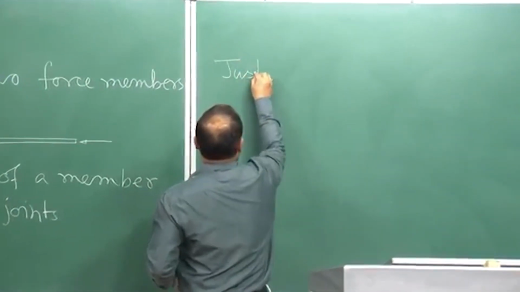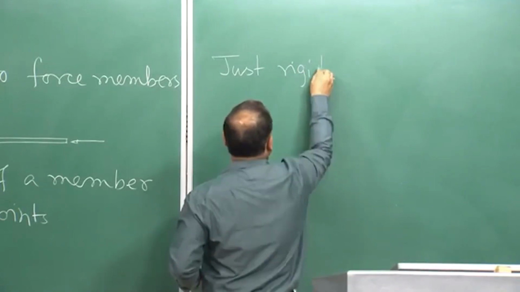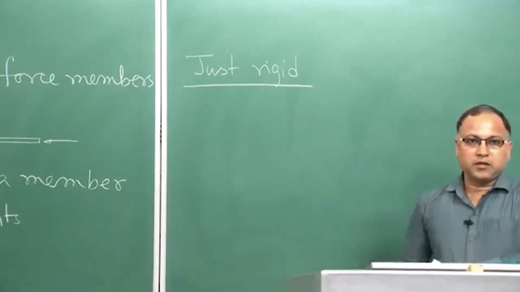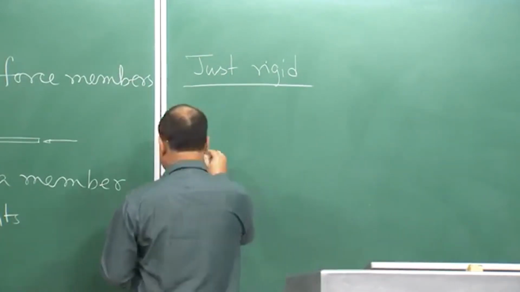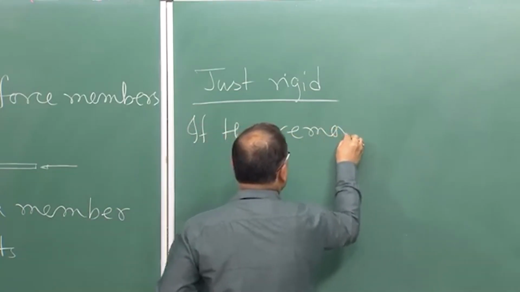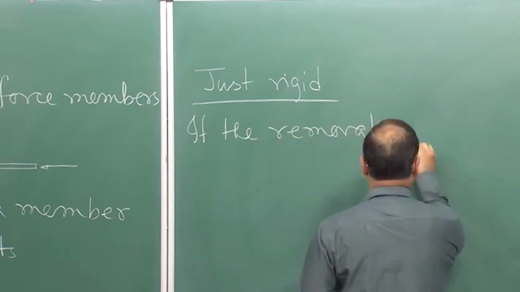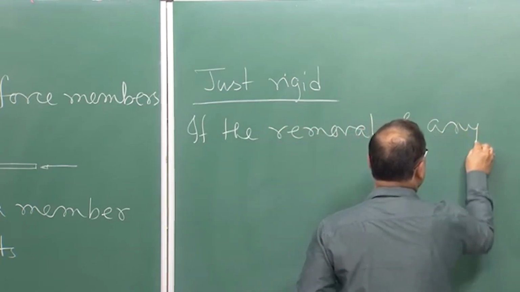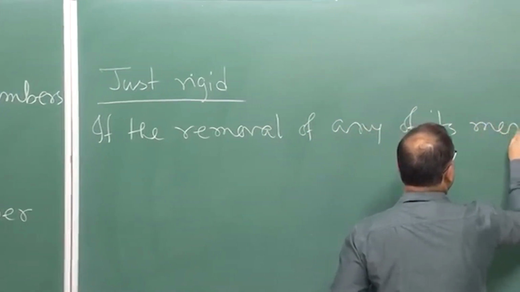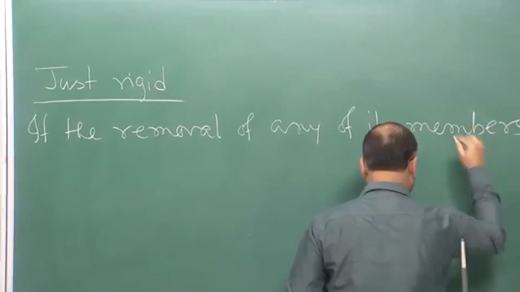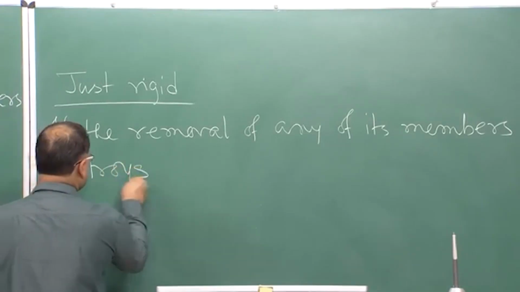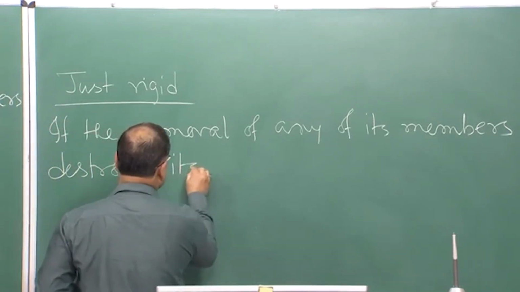Now, we will be talking about a concept, the just rigid concept. It says, if the removal of any of its members destroys its rigidity.